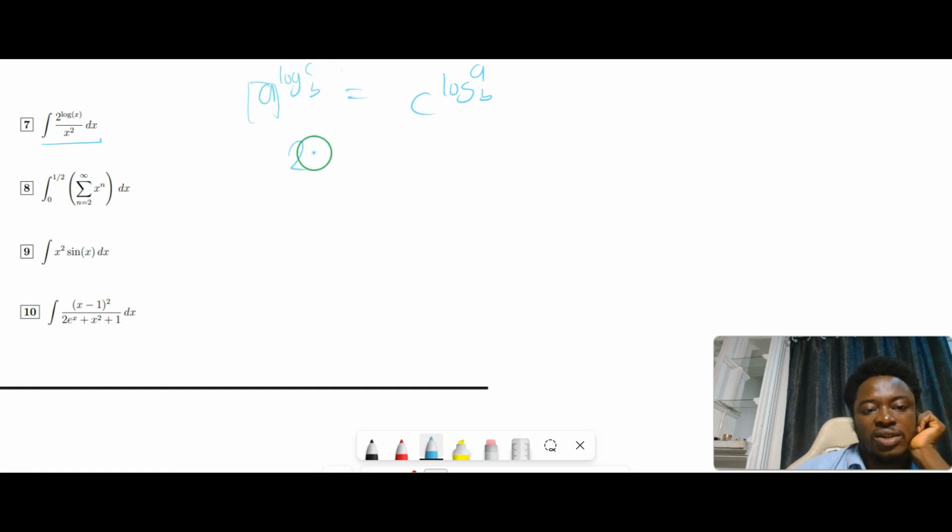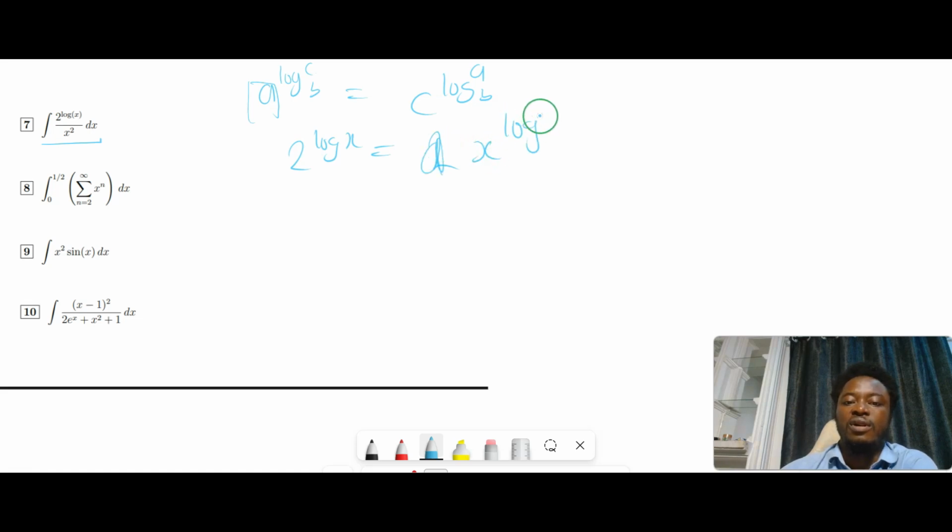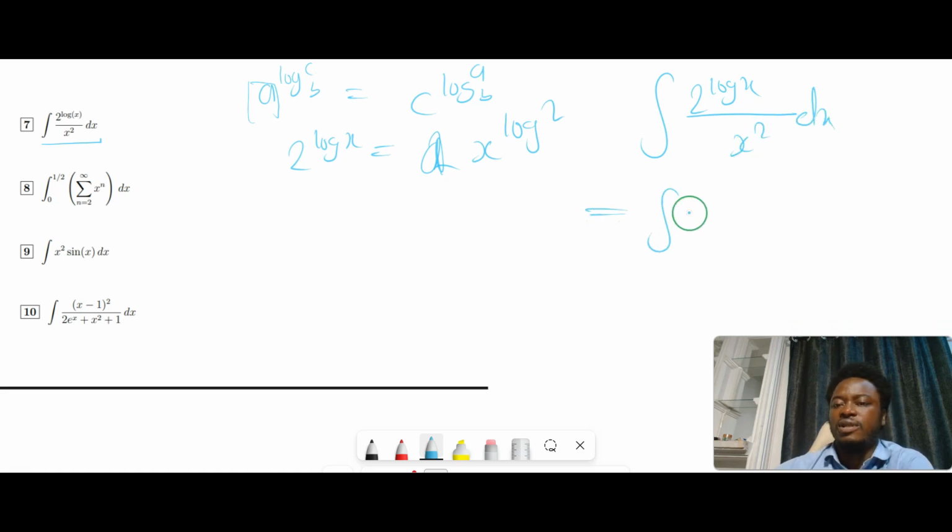So in this case, 2 to the power of log x is going to be x to the power of log 2, right? Yes. So basically you're going to have the integral of 2 to the log x all divided by x squared dx. So you have the integral of x to the power of log 2 all divided by x squared dx.